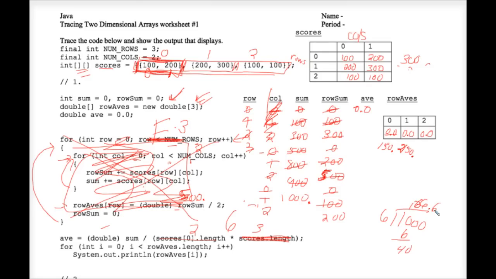It'll be 166.6 or so. And so average is being assigned that value, and I'm just going to make it 166.6 repeating. Now, if you go and test this on the computer, it's going to show you where that rounding happens, and I don't even know that myself.